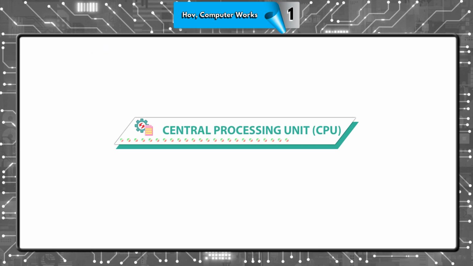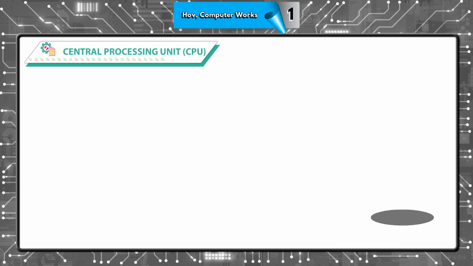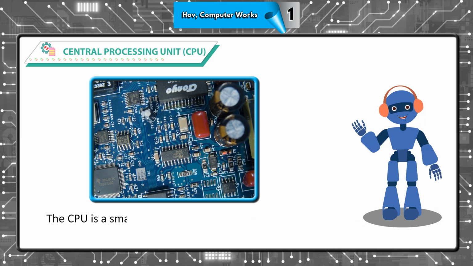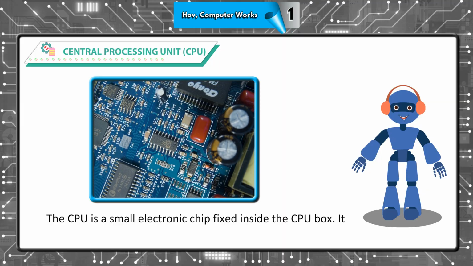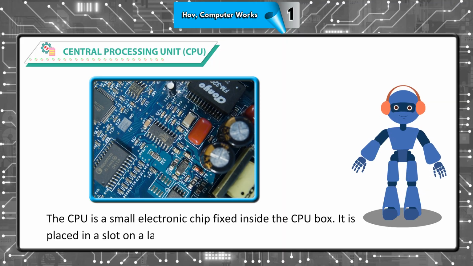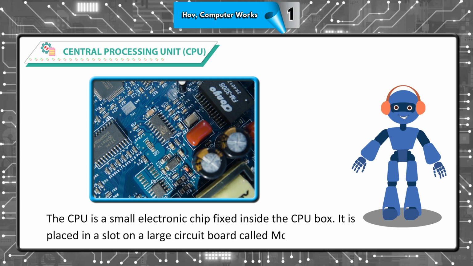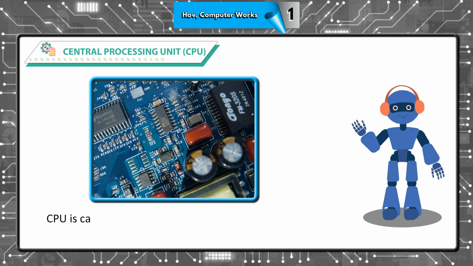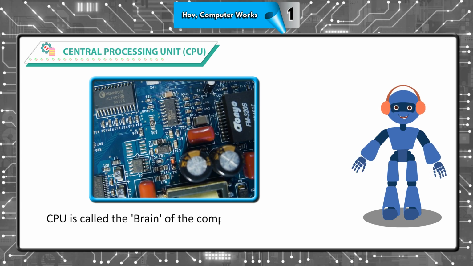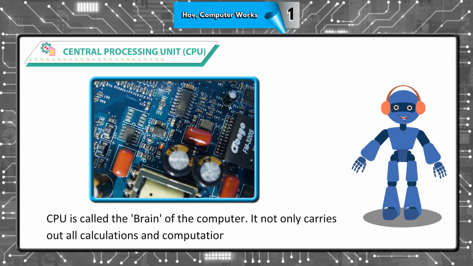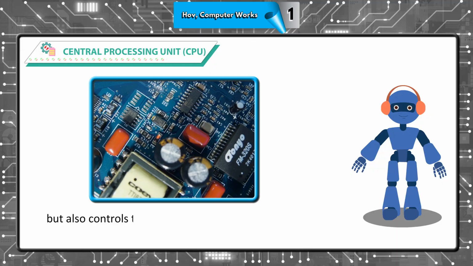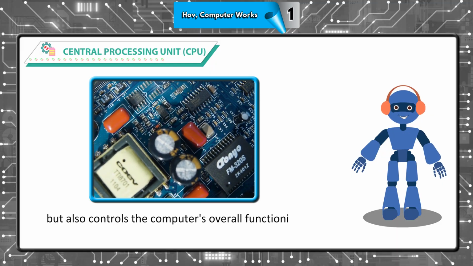Central Processing Unit, CPU. The CPU is a small electronic chip fixed inside the CPU box. It is placed in a slot on a large circuit board called motherboard. CPU is called the brain of the computer. It not only carries out all calculations and computations, but also controls the computer's overall functioning.